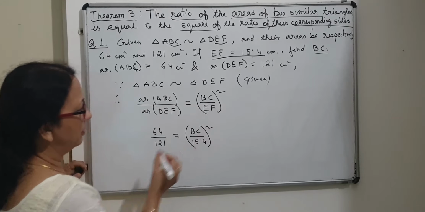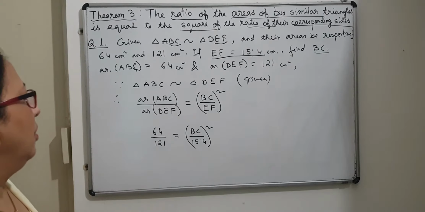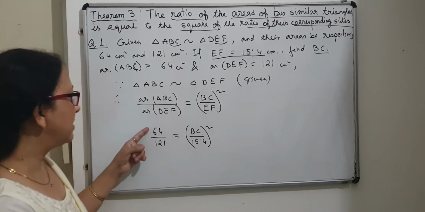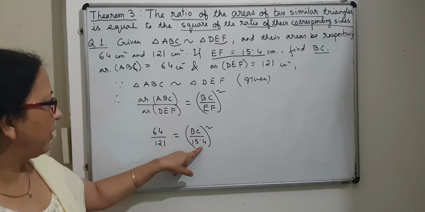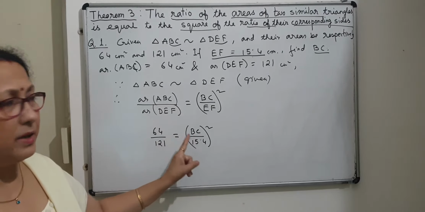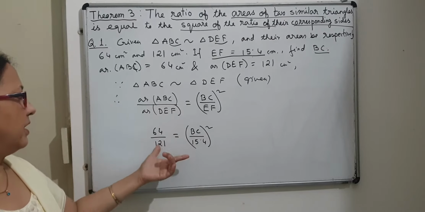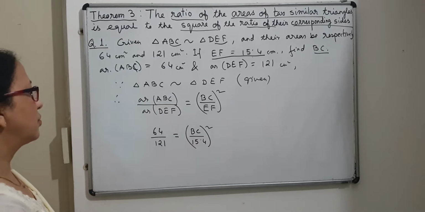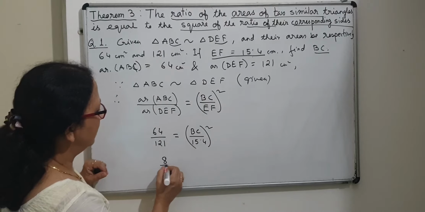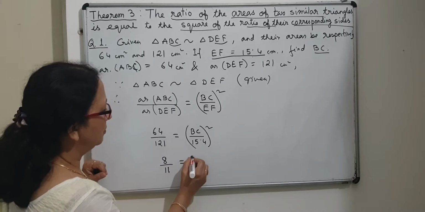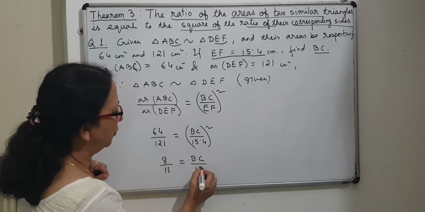Now, one thing you see: since these are whole square numbers, we will not find the square of this or cross multiply. So what will we do? We'll take the square root of both sides. Taking the square root of both sides, 64 will become 8 and this will become 11. So it is BC by 15.4.